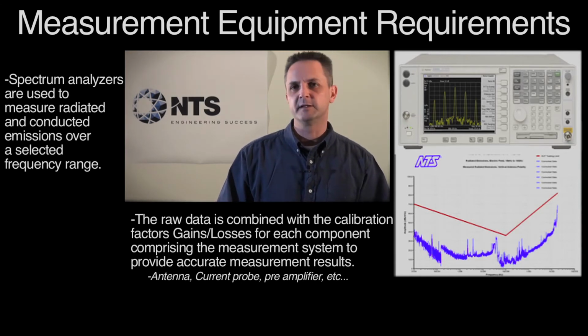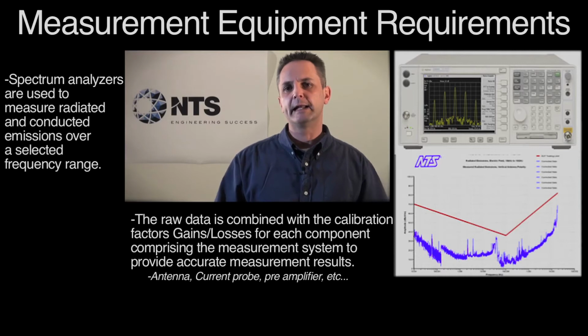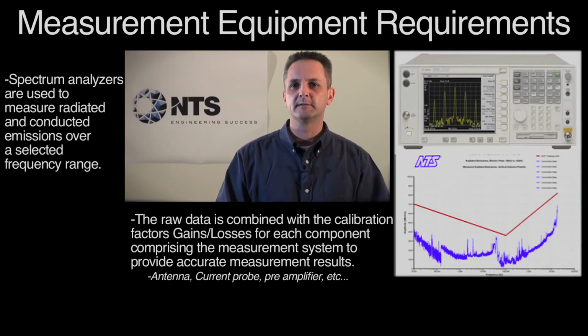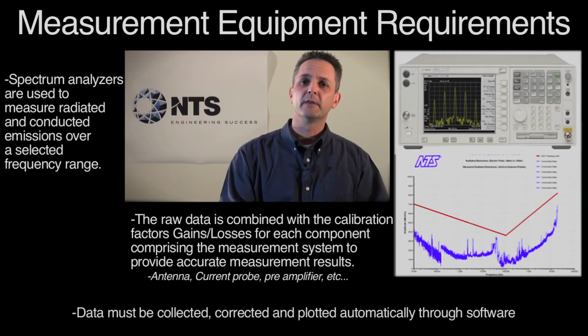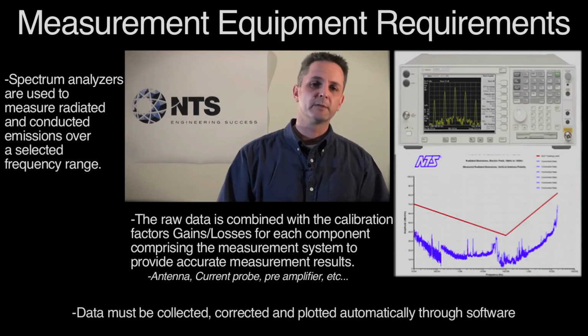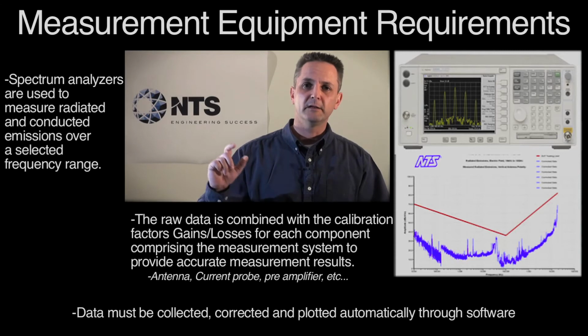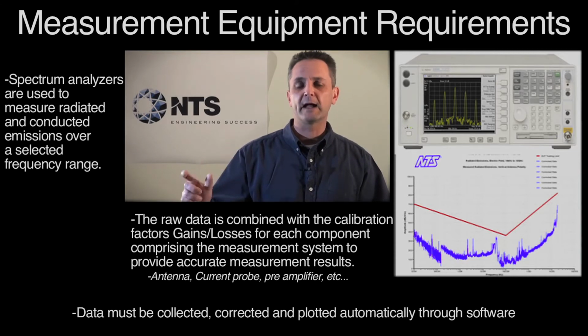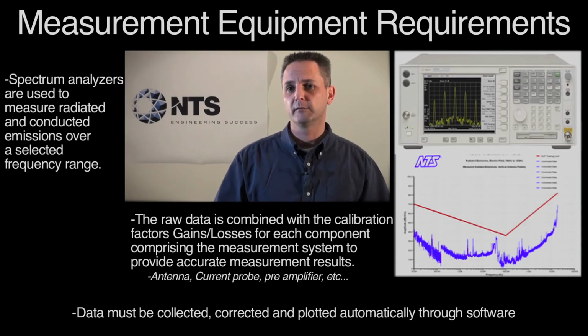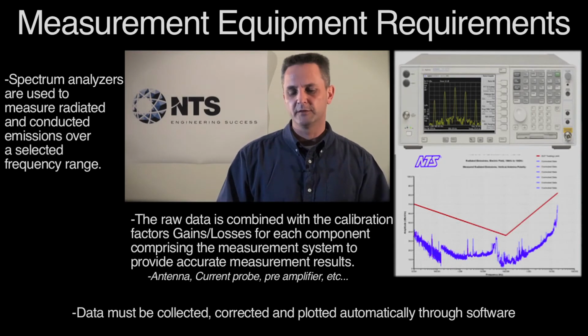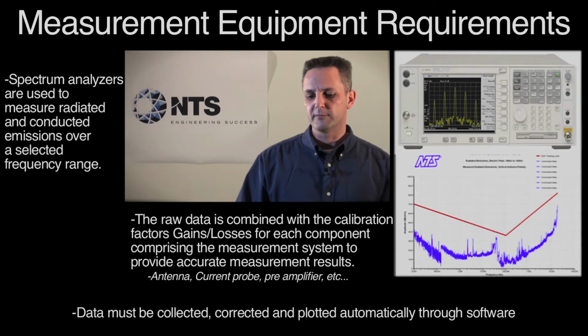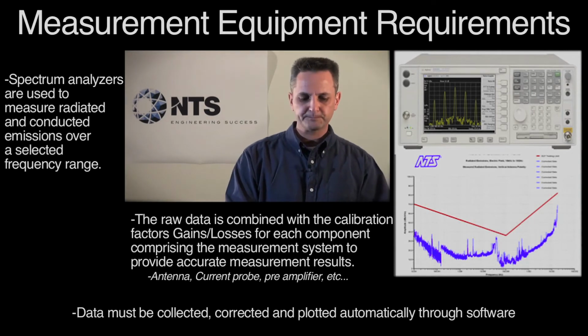Now, for instance, if we were making a radiated emissions measurement using a particular antenna across a particular frequency range, we would collect that data through the spectrum analyzer, add the insertion loss or factors for that particular antenna together to create a corrected data element, as you can see in the plot below the photograph of the spectrum analyzer.